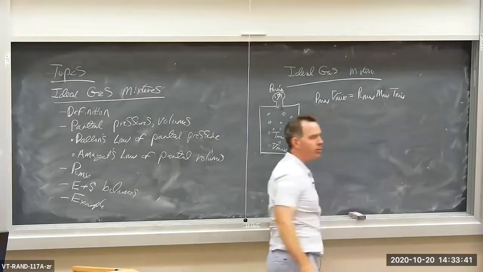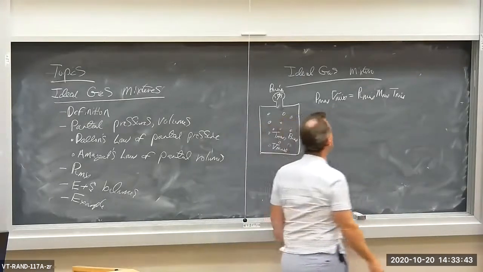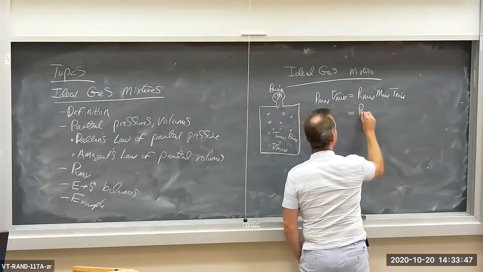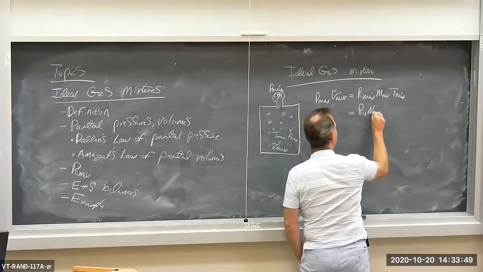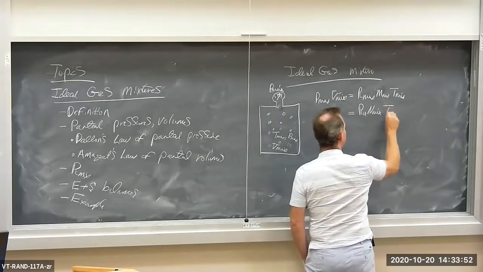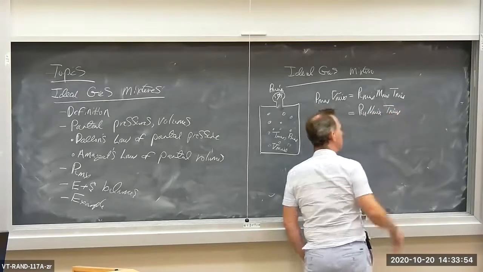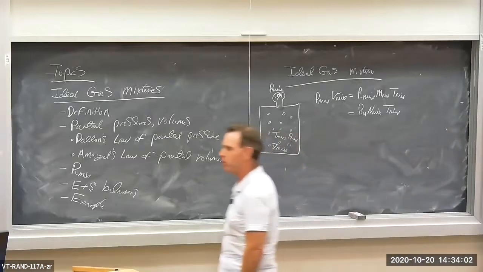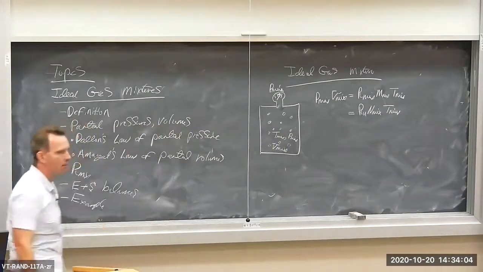We can also write this in terms of moles. So we can also say R_U N mix T mix. So the mixture behaves as an ideal gas, where the mixture has a certain pressure, temperature, volume. There's a certain amount of the mixture, whether it's in kilograms or in kilomoles.